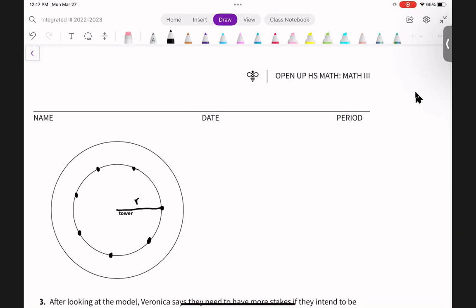Right? So the same thing would go if I took this radius for the bigger circle, now using this as my radius, would I end up with the same number of stakes or a different number of stakes? So Javier is saying I would end up with a different number of stakes because of how far it is from the tower and it's a bigger circle.